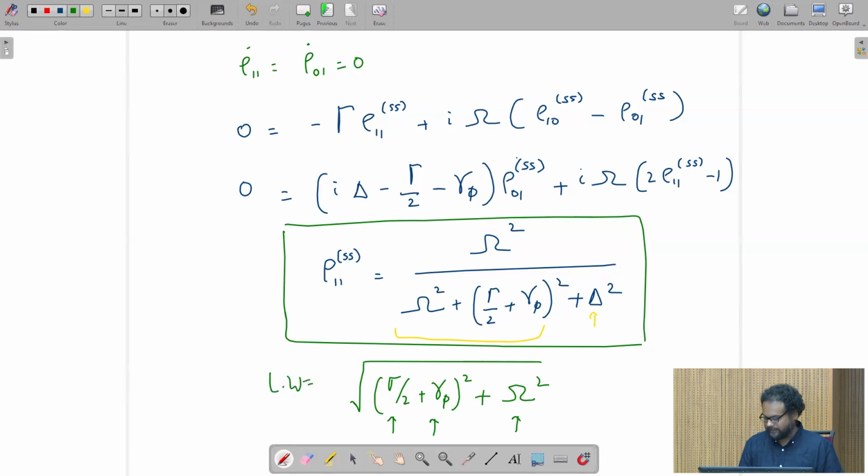full width at half maximum, line width as a function of temperature, for example, and they will say that this line width is increasing in fluorescence.